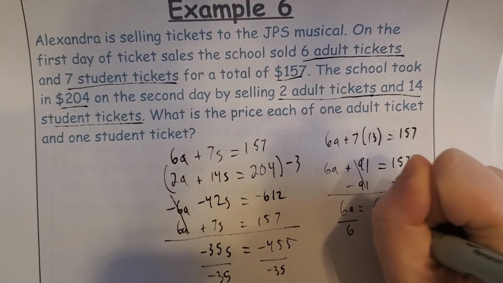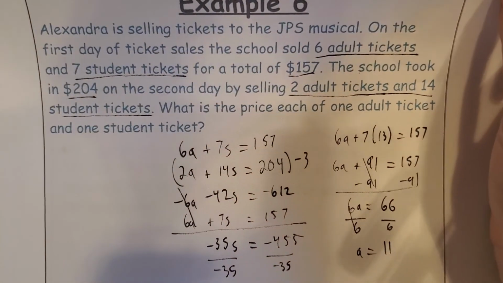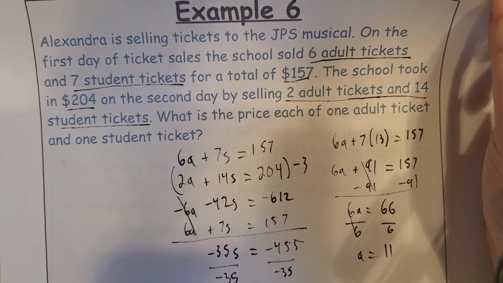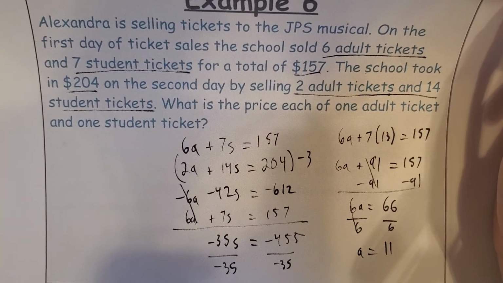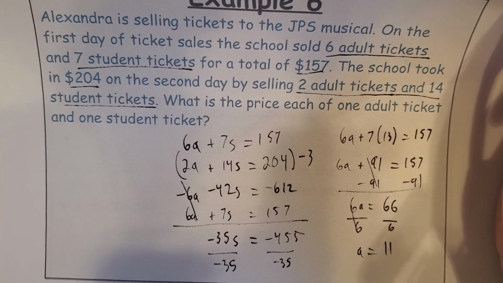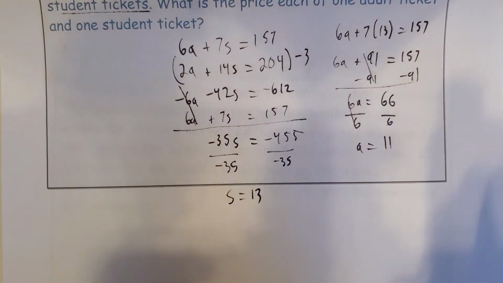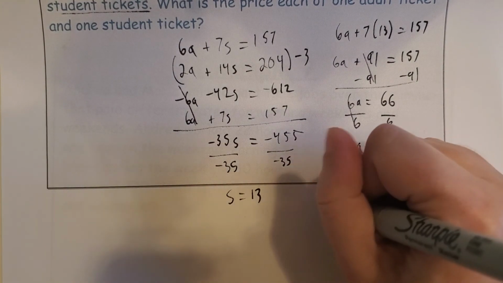$66. And A is 11. So to wrap this up, there were a lot of people who didn't do this in the word problem homework. Okay, so please, with word problems, you don't need to write your final answer as an ordered pair, but you do need to give units. So what does all this mean? A represented the price of the adult tickets.